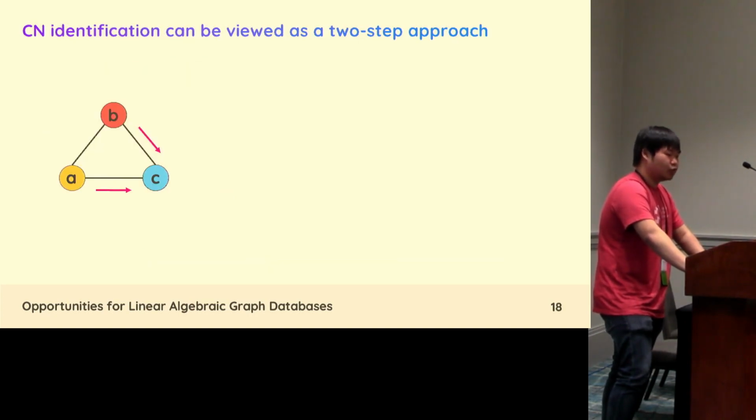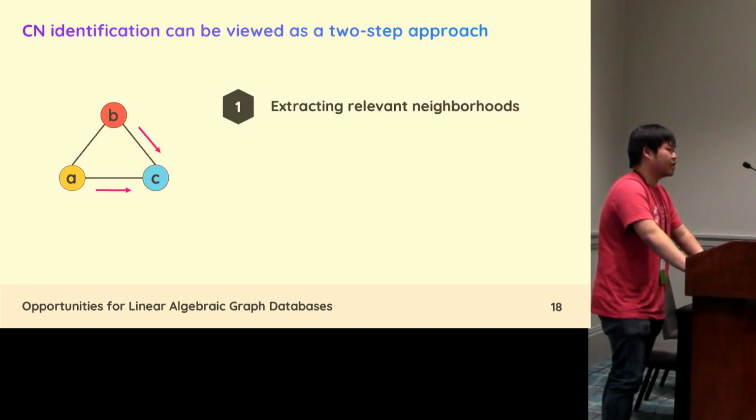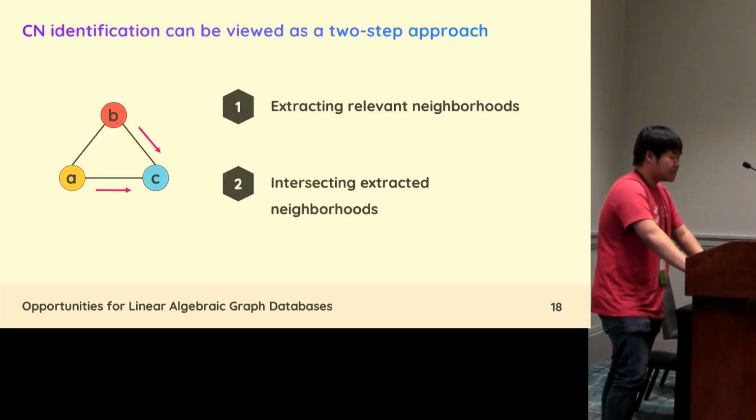To represent it in GraphBLAS, we recognize that the common neighbors identification can be viewed as a 2-step approach. The first step is to extract relevant neighborhoods, in which it is to extract the first and the second node's neighborhood. And the second step is the intersection between the first and the second node's neighborhoods to find the common neighbors that represent the third node of the triangle.